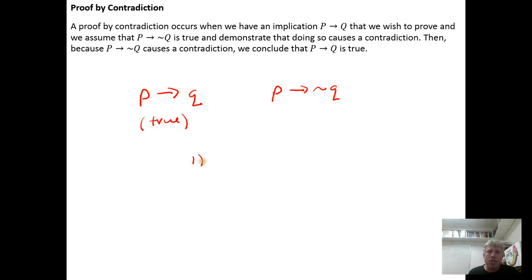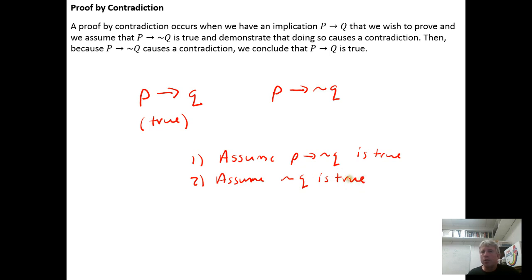So essentially in steps, the proof by contradiction: assume P implies not Q is true. Assume not Q is true.